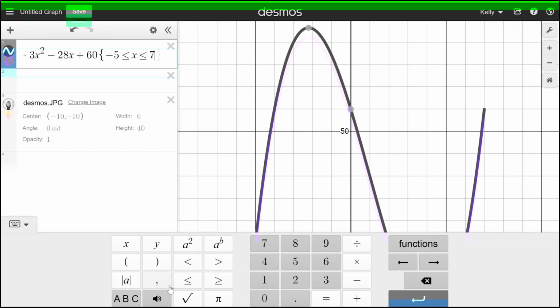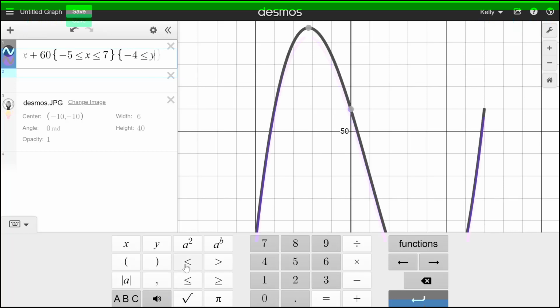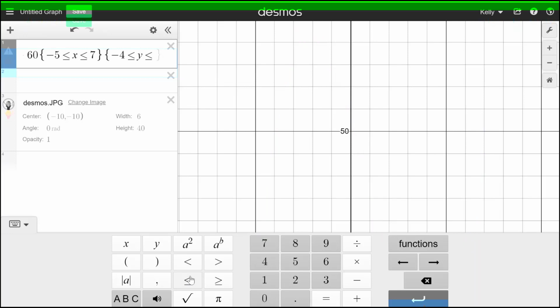Then you hit the curly bracket again, then another curly bracket. This is how you set the domain and range. So now we're setting the range: negative 4 is less than or equal to y, which is less than or equal to 10.